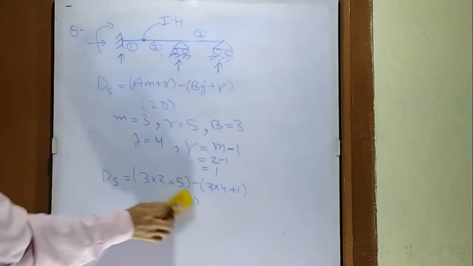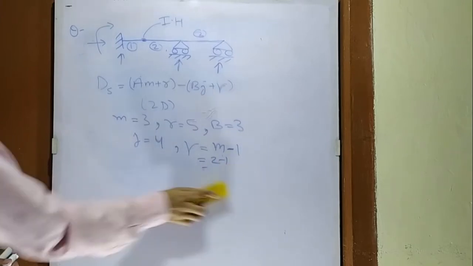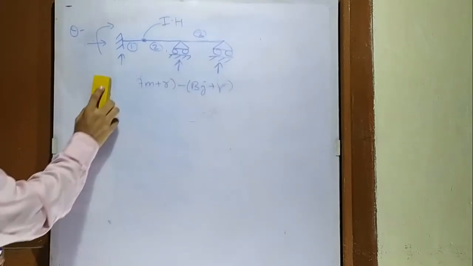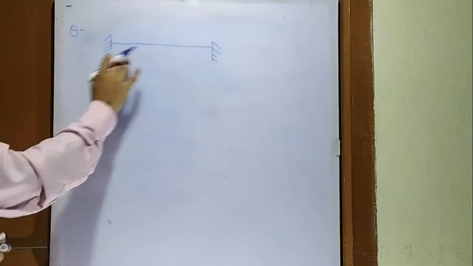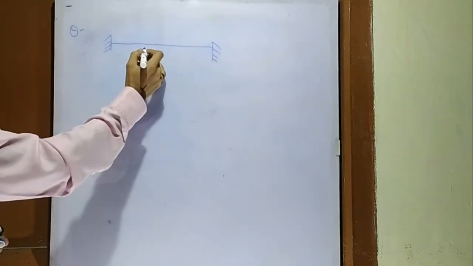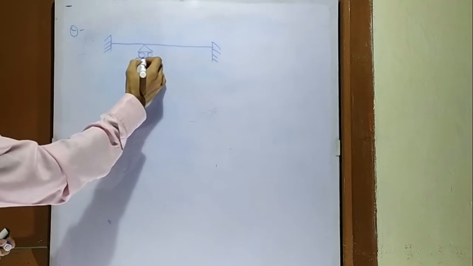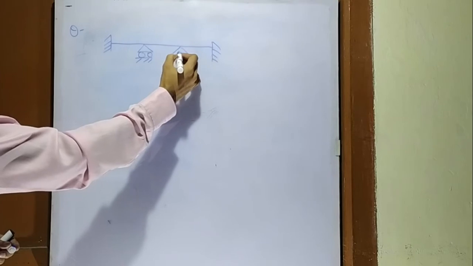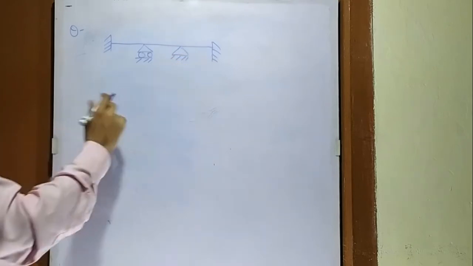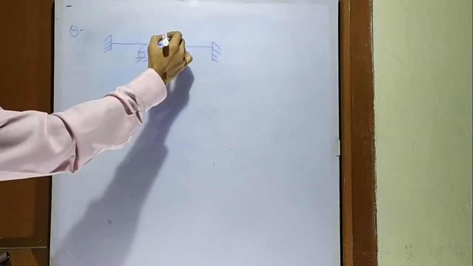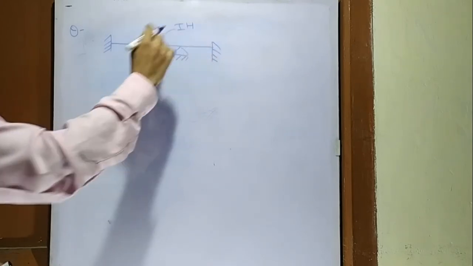Okay, let us take another example so that our concept may be clear very well. So this is the question, and these 2 joints are fixed, and we will add some other supports, like this is a roller support and this is a pinned support, and in this span of the beam, there is an internal hinge.